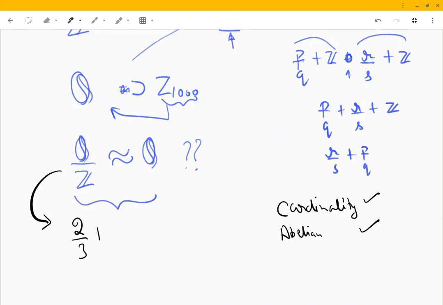2 by 3 plus Z is an element of this group, the quotient group, and it has order 3. But it is not the case in the set Q. They are not isomorphic. I'm glad I checked. It was so easy to establish this.